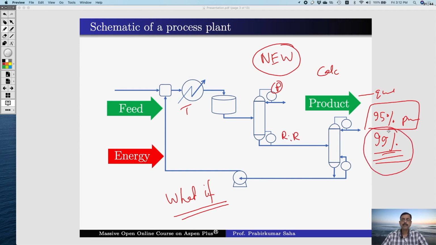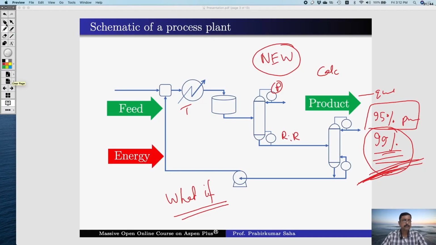So these are the various what-if analyses that we can do in order to arrive at the market demand quality. Now, these things cannot be done in the real life plant. The plant manager will not allow one to go and meddle with the system. So, one needs to do some calculation on pen and paper. How to do that calculation?